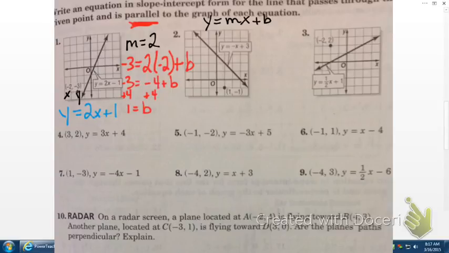It's that simple. So use the x and y, use the slope, and then you need to just find your y-intercept and go from there. Any questions on that?